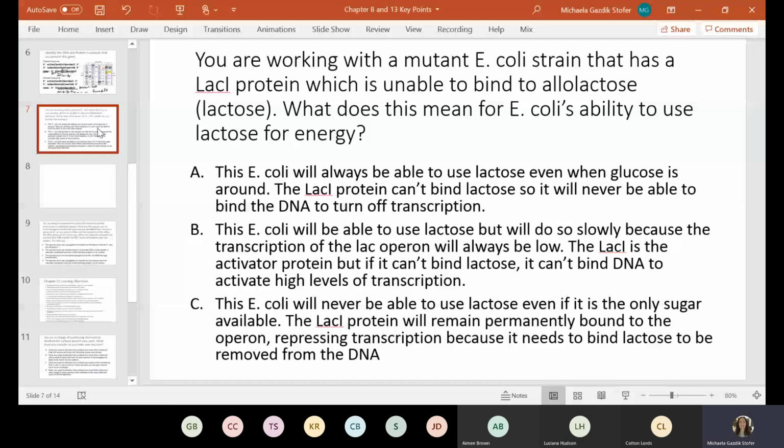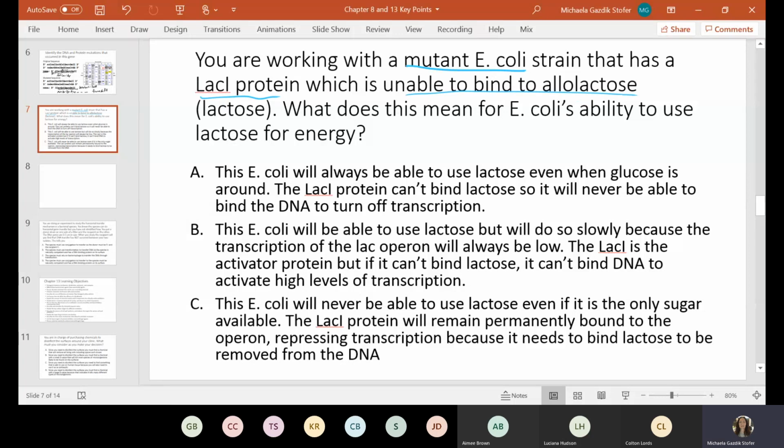So I'm going to give you guys a minute to read through this question because I do want you to try to answer it on your own. So we're working with a mutant E. coli. There's some mutation in this E. coli strain, and that mutation is in the LAC-I protein. What the mutation does is it makes it unable to bind to allolactose.